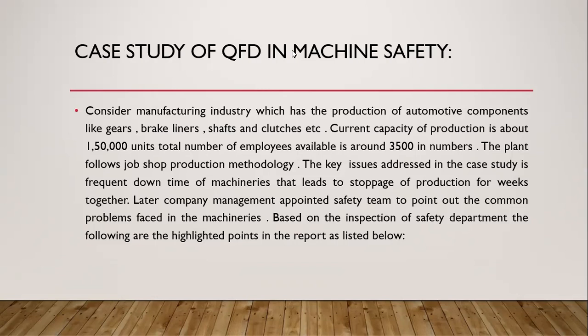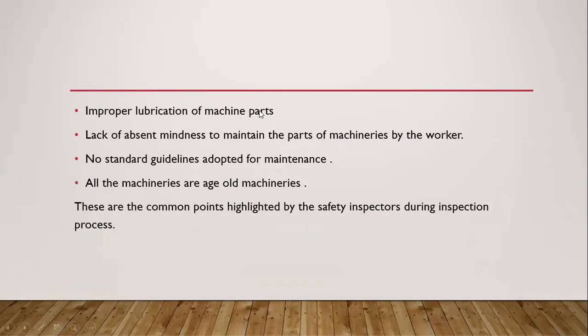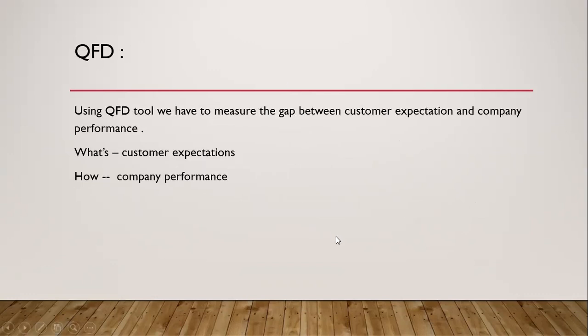Later, the company appointed a separate safety management team to find the root causes of the problem, and these are the possible causes that lead to the majority of the production failures: improper lubrication of the parts, lack of attentiveness by the worker to maintain the parts of machinery, and no standard guidelines adopted for maintenance. All the machineries are technologically outdated. These are some of the common points highlighted by the safety inspectors.